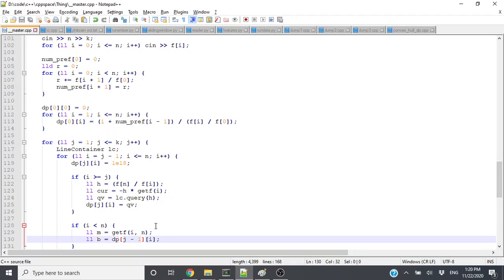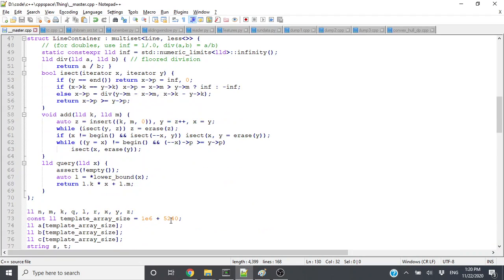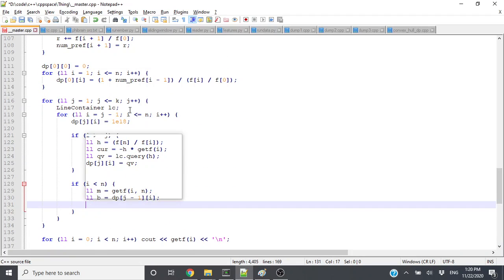J minus 1. Right. dp j minus 1 I. Then LC dot add MB.